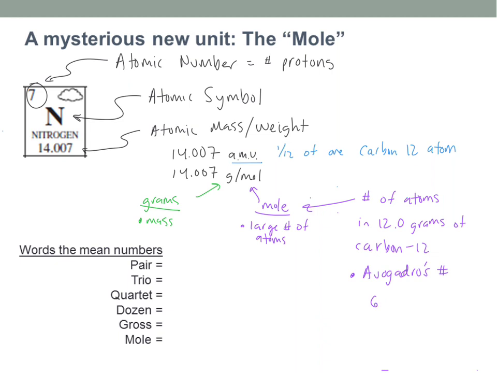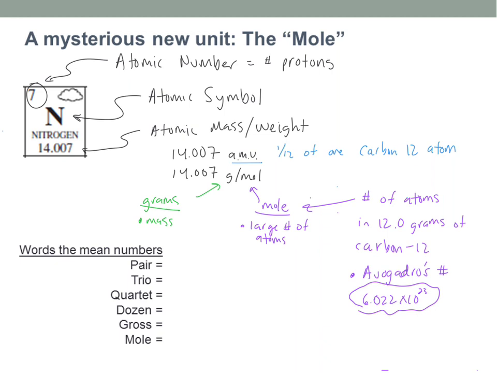That number is 6.022 times 10 to the 23rd. That's how many atoms are in 12 grams of carbon-12. And we just call this number Avogadro's number. It is a number of atoms, in this case carbon-12, but really it's a number of anything.